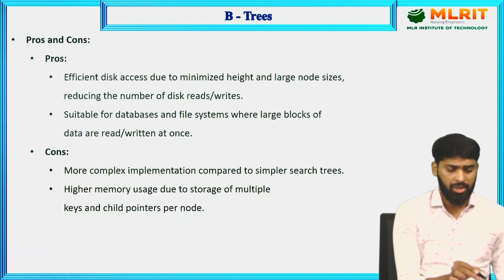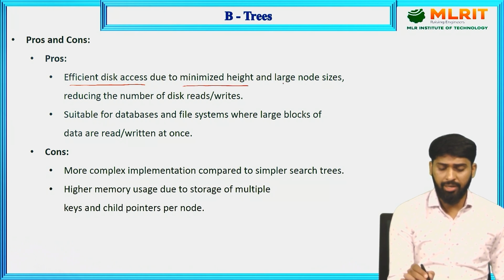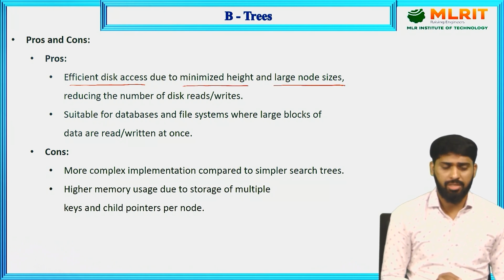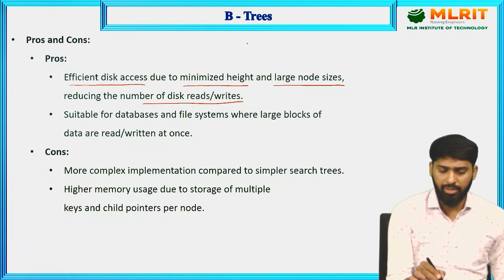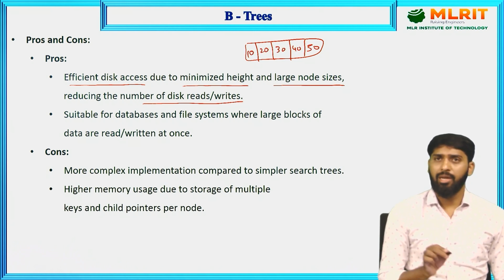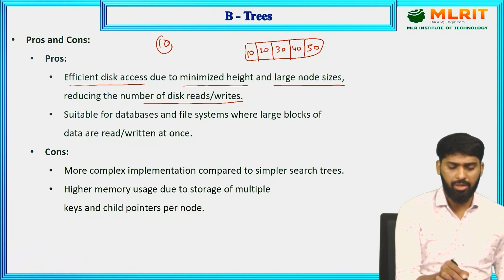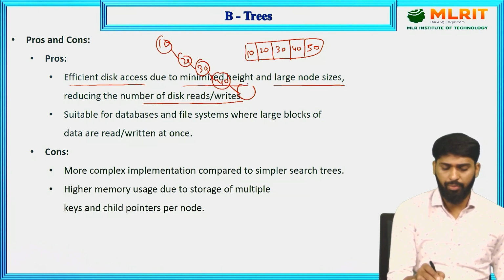So pros are efficient disk access due to minimized height and large node sizes, reducing the number of disk reads and writes. Now here for example, this is the node. In this node, if I store 5 values, 10, 20, 30, 40, 50, if it is a binary search tree, then 10, 20, 30, 40, 50.